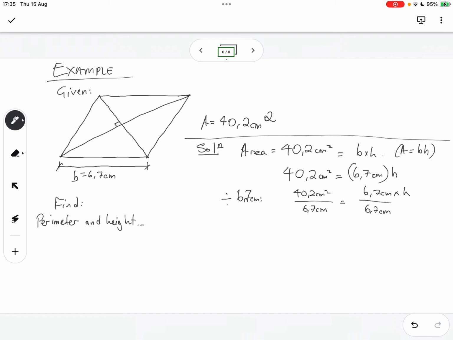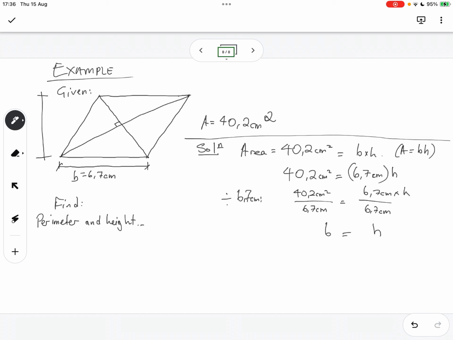Those give us 1, and we're just left with h on one side, and we have to divide 40.2 by 6.7, which gives us 6.